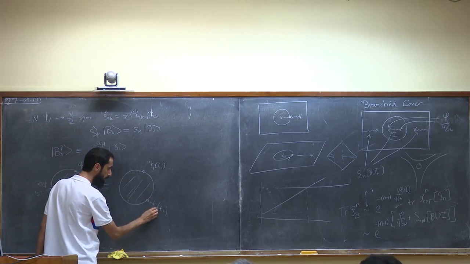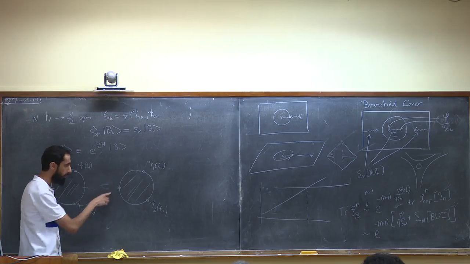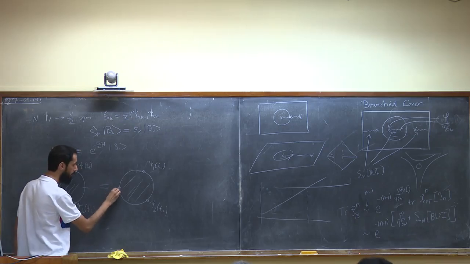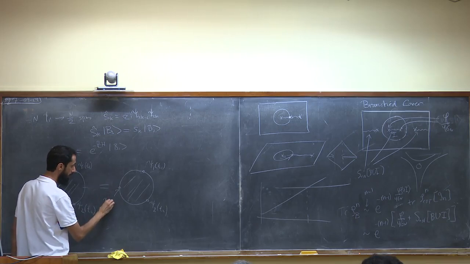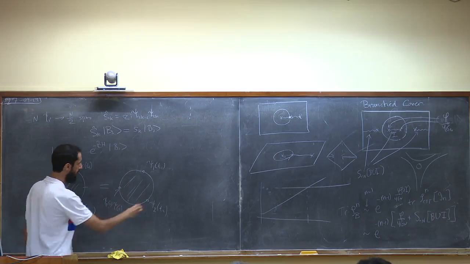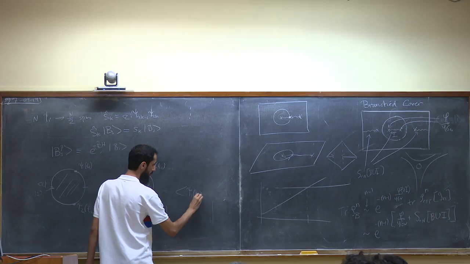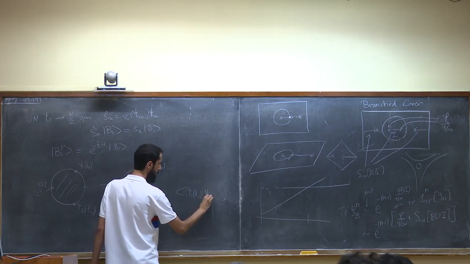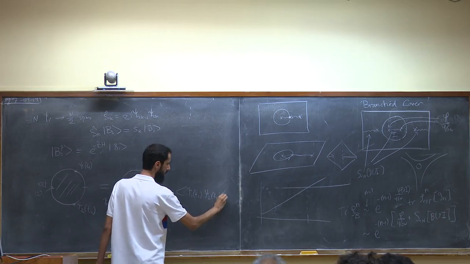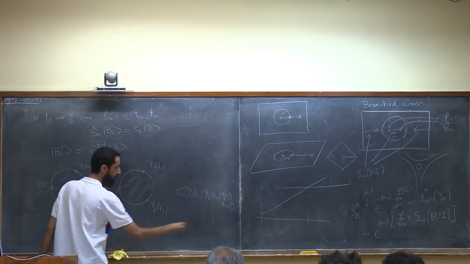But for psi 1, psi 2, it looks like there's a source at this point, psi 1 at 0, psi 2 at 0. So ultimately it's like a 4-point function: psi 1 at t1, psi 2 at t2, and psi 1 at 0, and psi 2 at 0, in the thermal state.